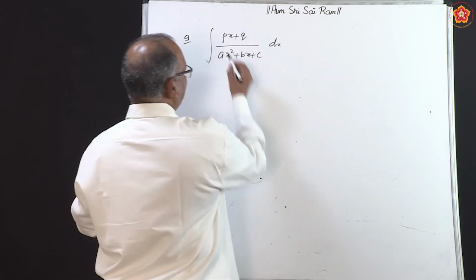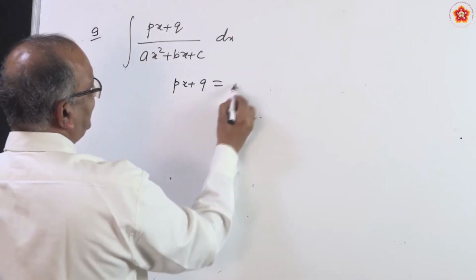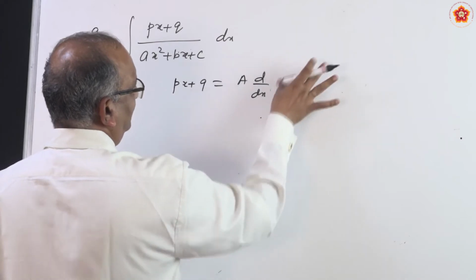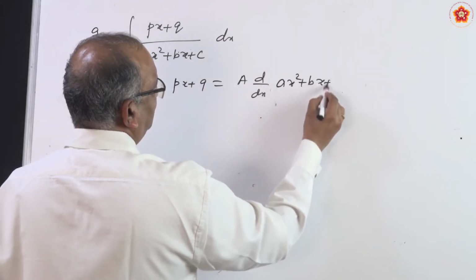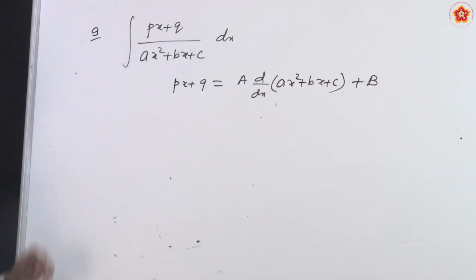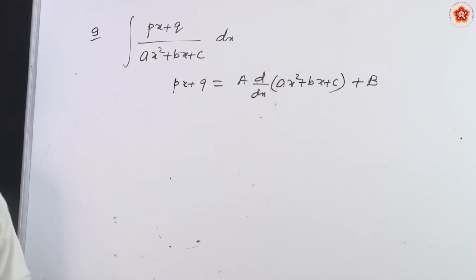What is the procedure? Convert this px plus q as A into the derivative of the denominator, that is, ax square plus bx plus c, plus B. Equate px plus q with this. Why are we doing it?